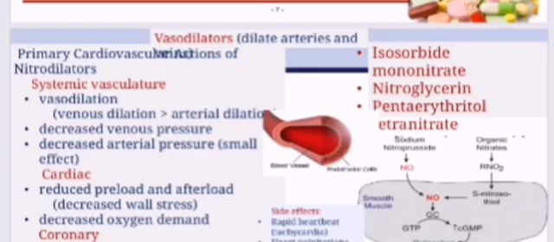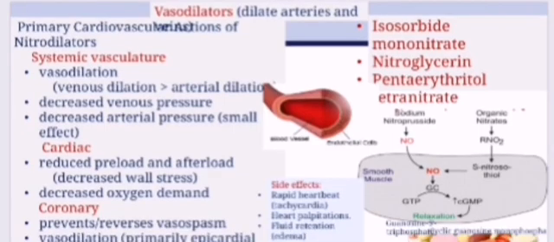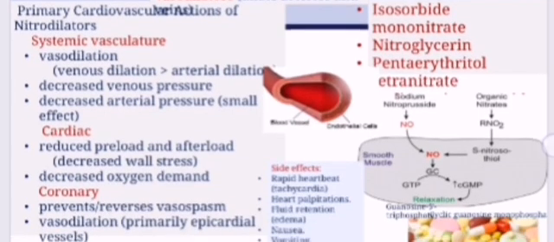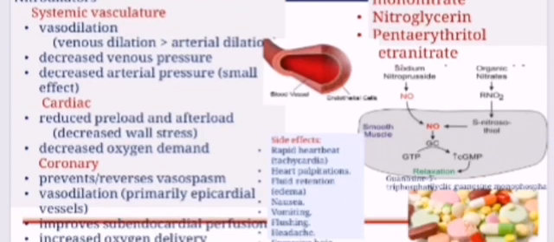Primary cardiovascular action of nitrodilators. Systemic vasculature: venous dilation more than arterial dilation. Decreased venous pressure, with a small effect decreasing arterial pressure.